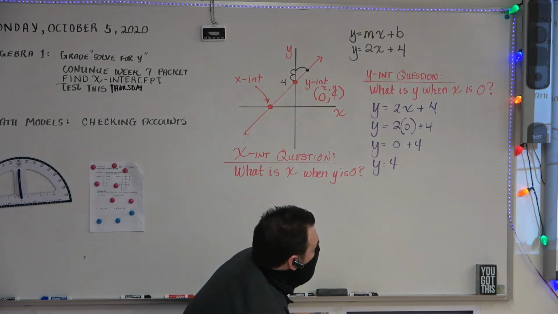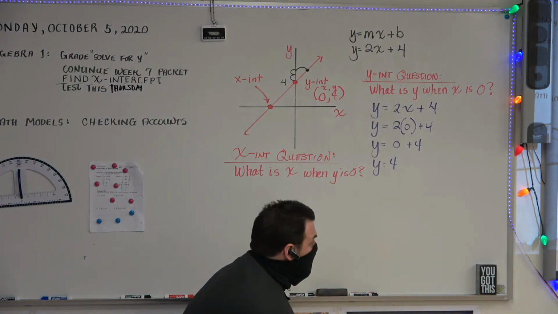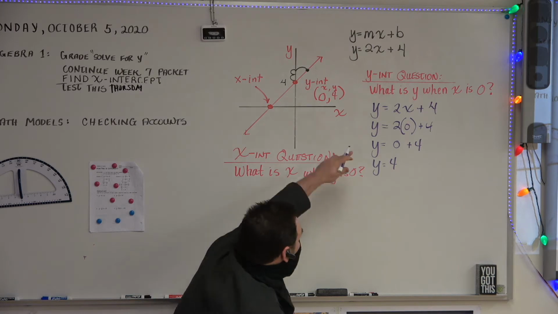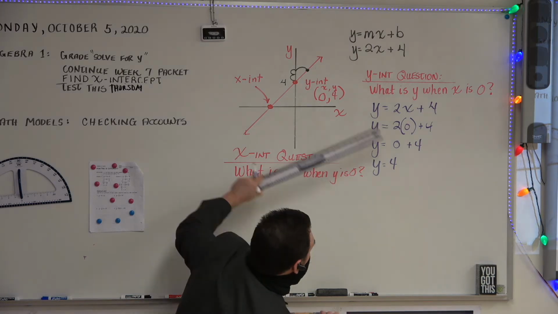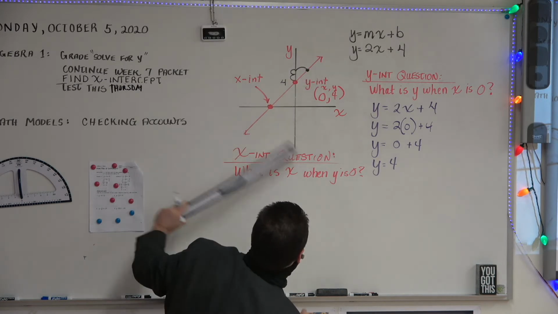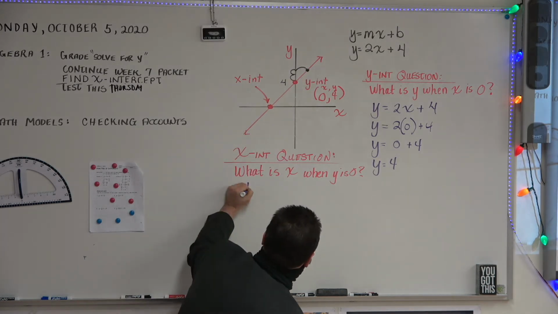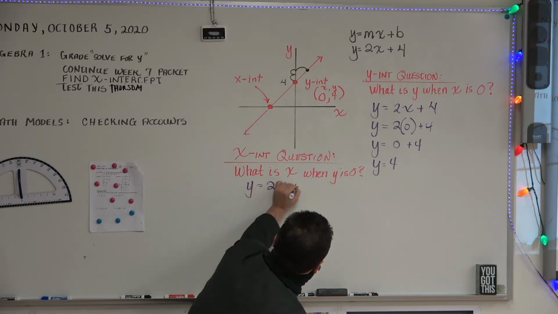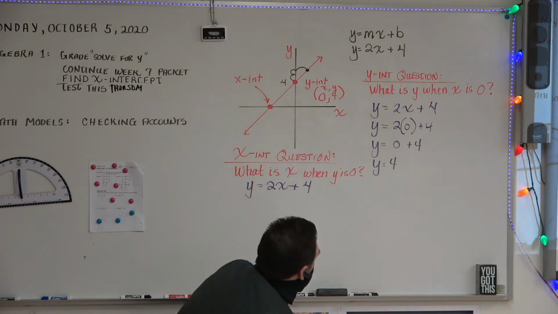Okay? What is x when y is 0? So I'm going to write this equation again. This was my equation. This is what we've graphed. Y = 2x + 4.